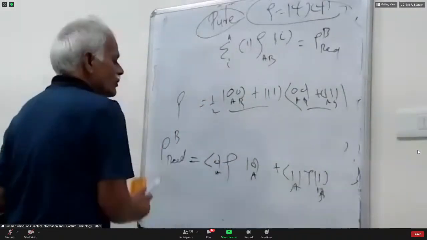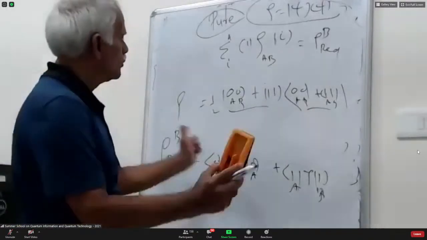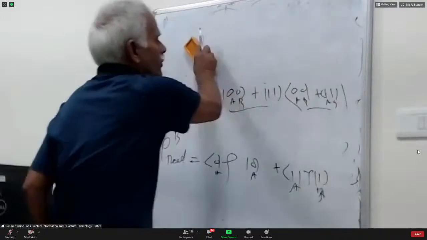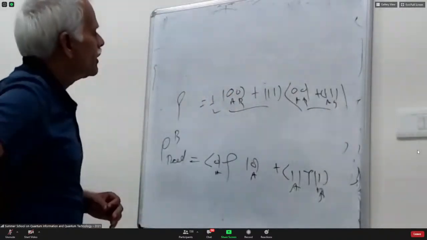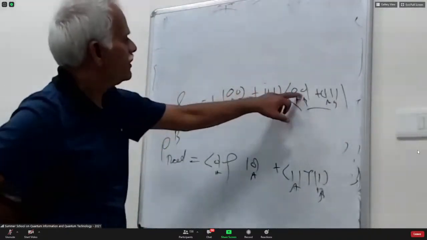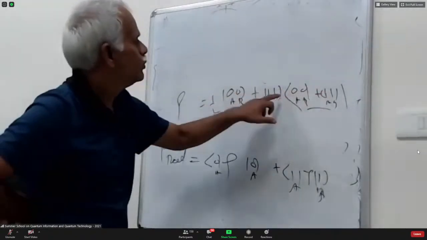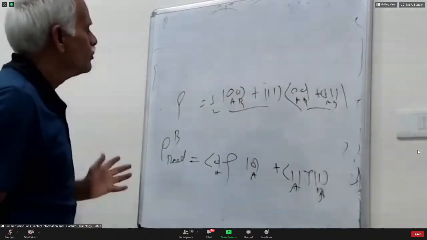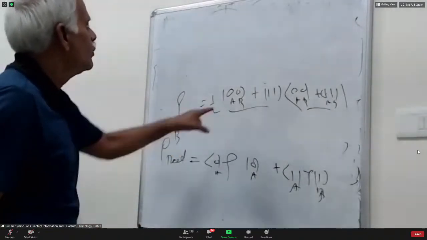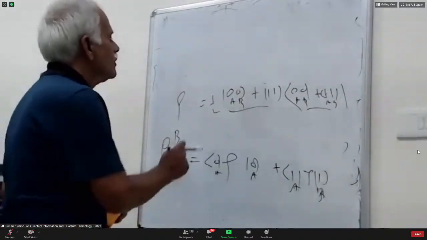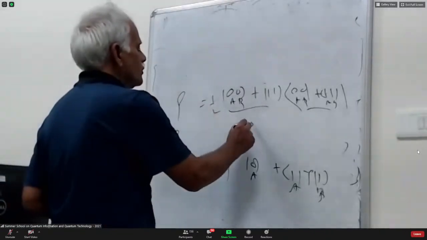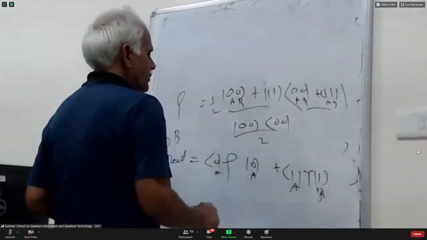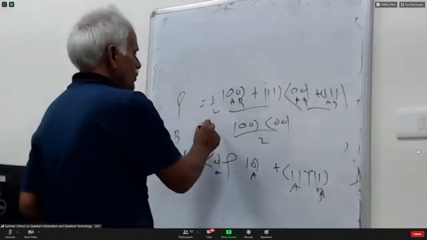Now I take the first |0>, and sandwich it between <0| from both sides. What will happen? How many terms are here? There are 1, 2, 3, and 4. If I take <0| from both sides, only one term contributes, and the next term also contributes.